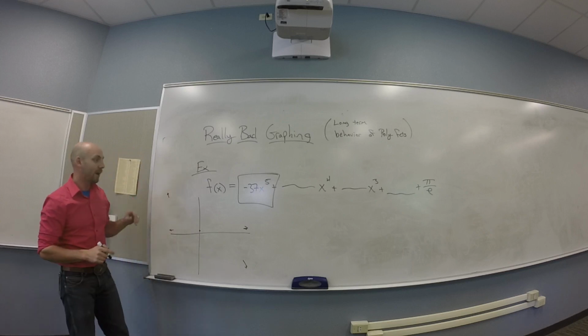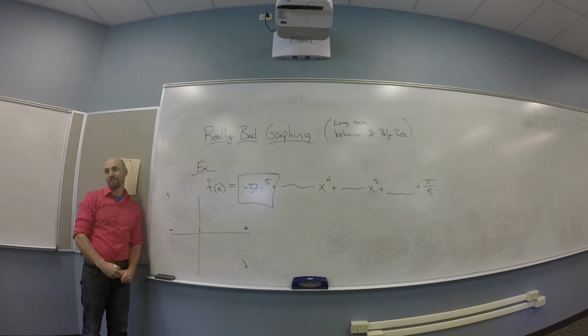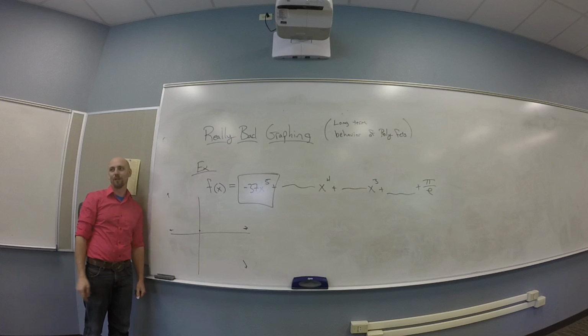So then in between here, how many times can it cross the x-axis? Once. Twice. Three times? Five. Why 5? Because it's a 5th degree polynomial, right? So 2nd degree polynomials, parabolas, can cross twice. 1st degree polynomials, lines, can cross once.